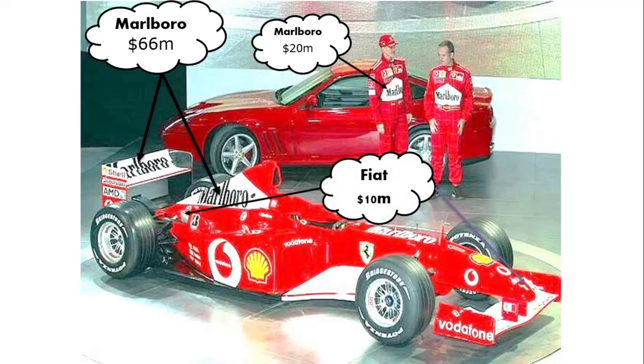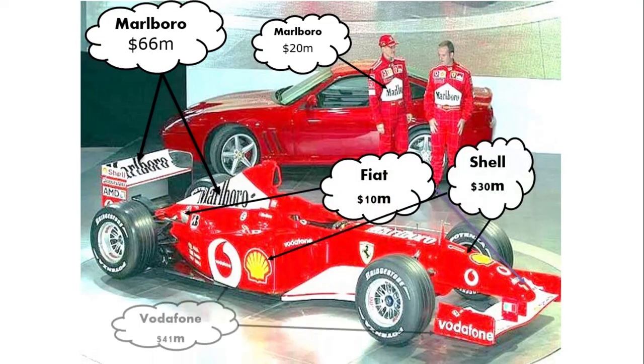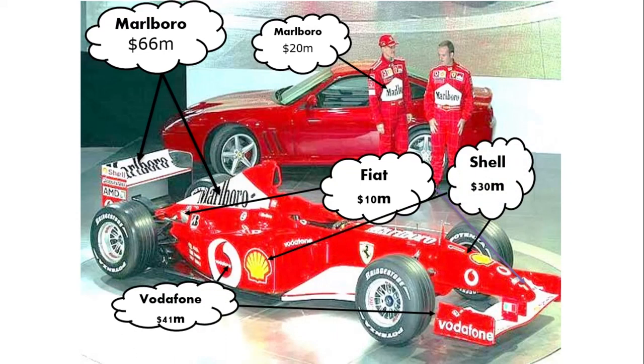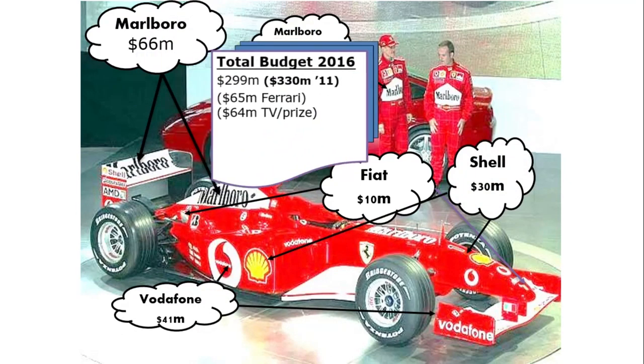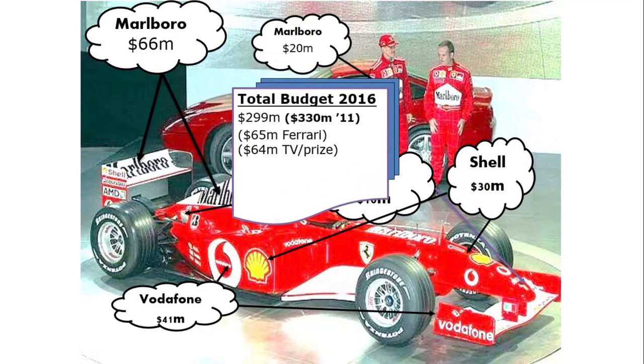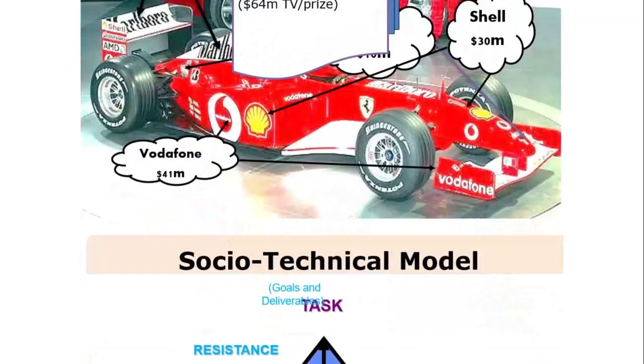Fiat, Vodafone, and Shell, millions and millions of American dollars, as you can see. So the budget again in 2016 was around 330 million. Amazing business, big business. It's not just racing.